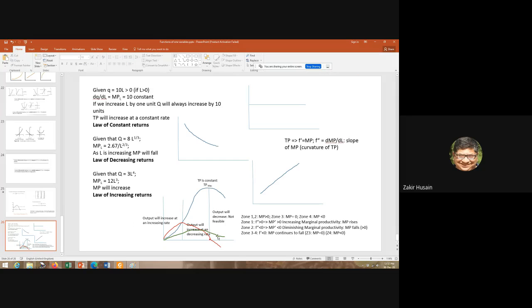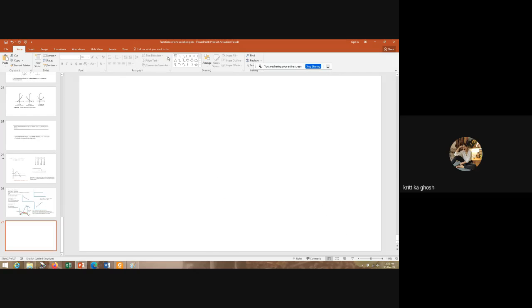Your answer is right, but can you prove this? MP falls faster than AP. Why? Because MP is calculated on the basis of just one unit of input, but AP isn't.